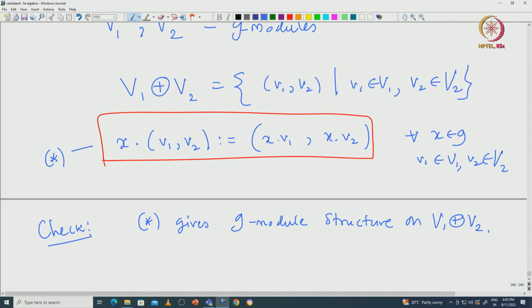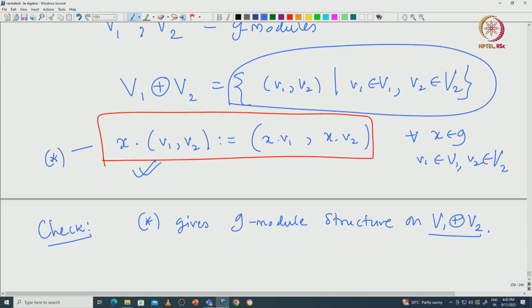Whenever we write V1 direct sum V2 in this category of representations, or whenever we refer to G modules, we always assume V1 direct sum V2 is a G module with respect to this particular structure. Sometimes you can take the Cartesian product, and there will be some other structure of G module on it, but whenever we write V1 direct sum V2, we always refer to this.